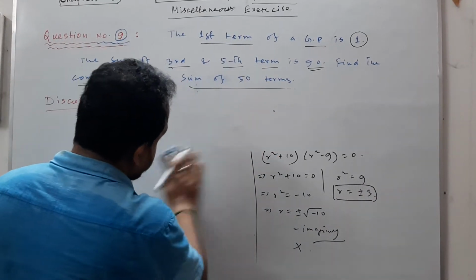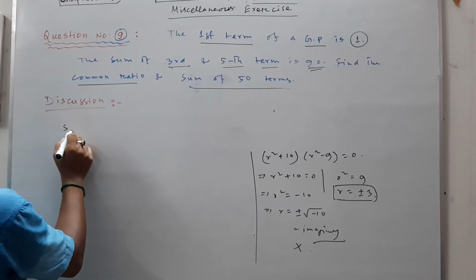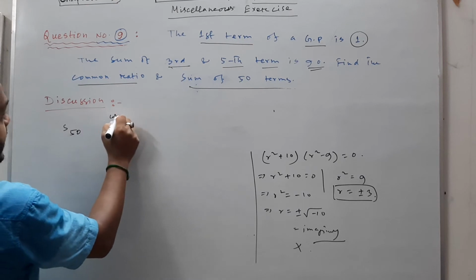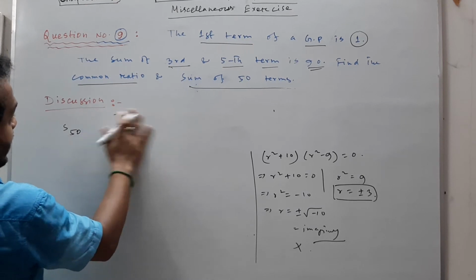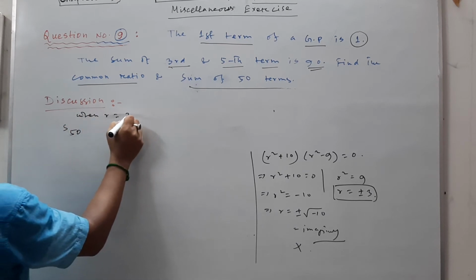Now the sum of the first 50 terms, that is S50, when R is equal to 3.